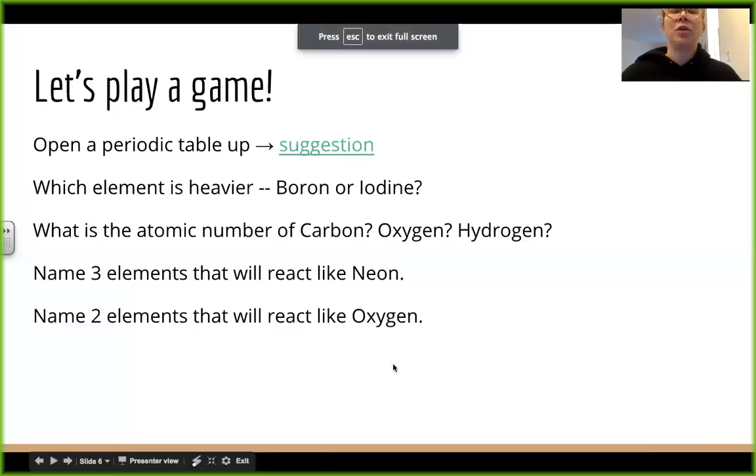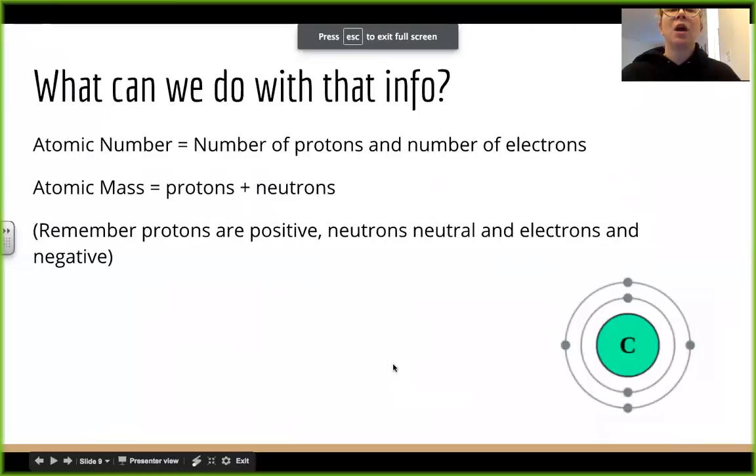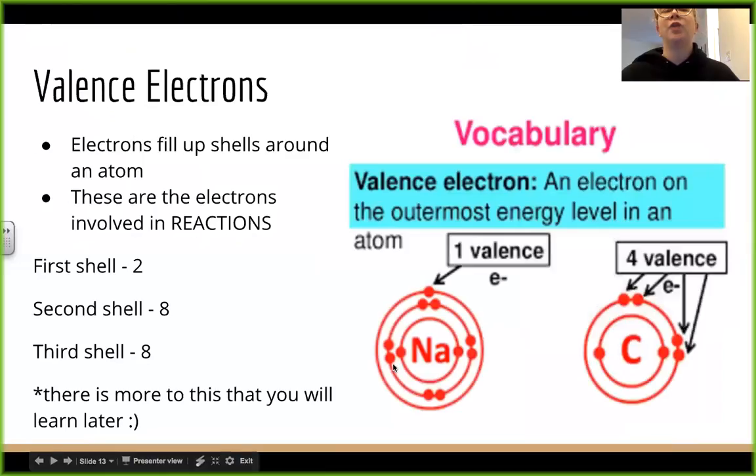The last thing we're going to talk about is something called valence electrons, which is a super important vocabulary word. I found this little vocabulary picture that I thought was pretty good. Valence electrons are the electrons on the outermost energy level.